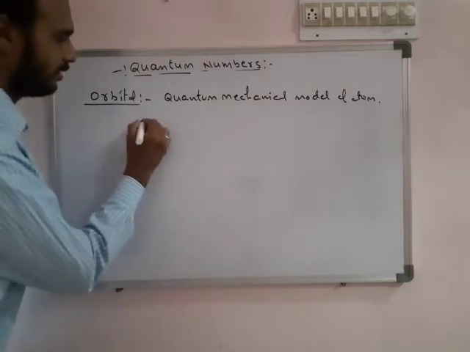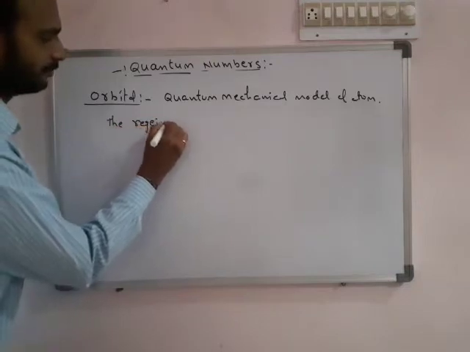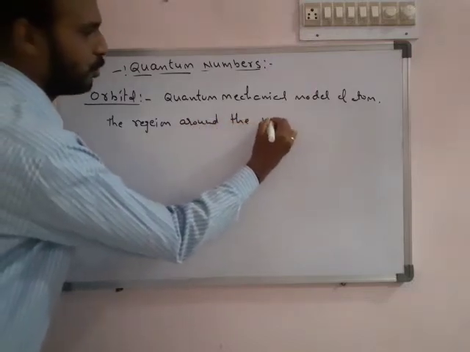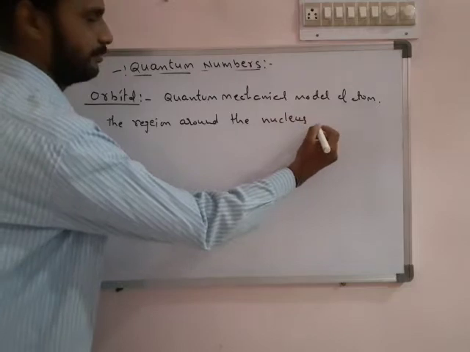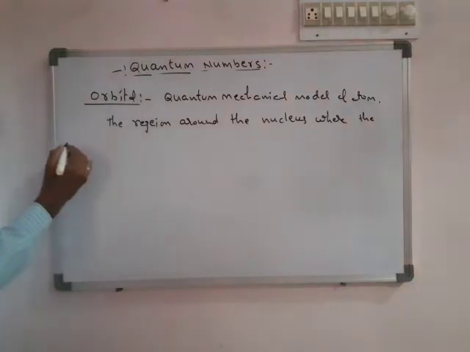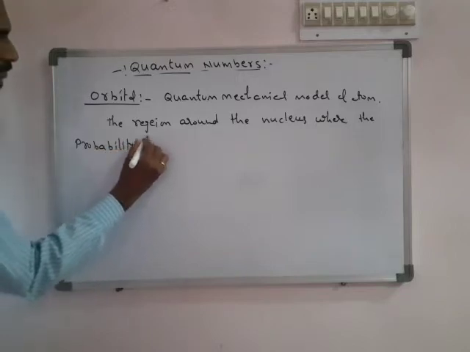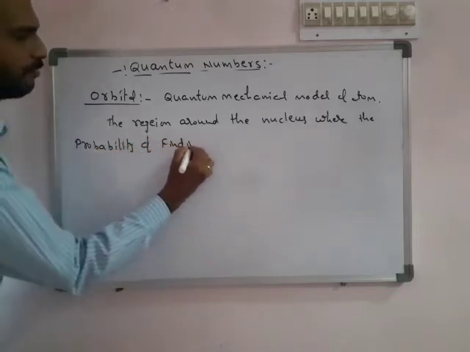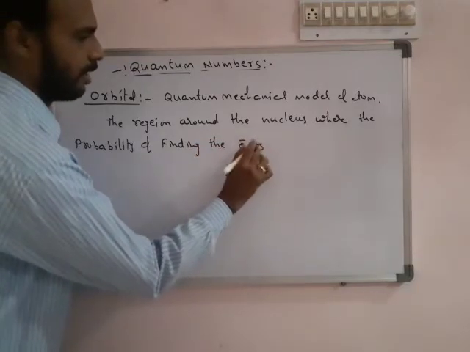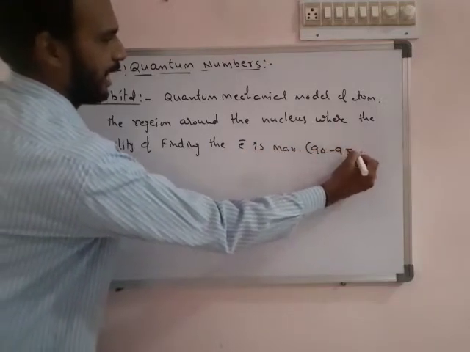So orbital means the region around the nucleus where the probability of finding the electron is maximum, that is up to 90 to 95%.